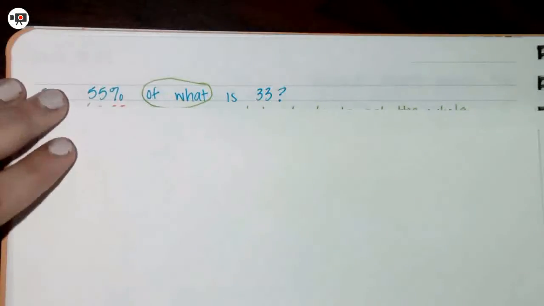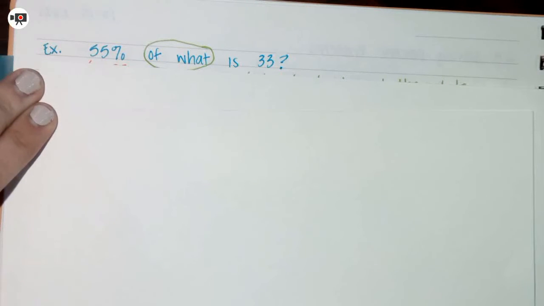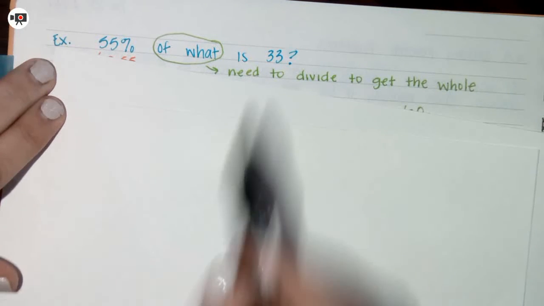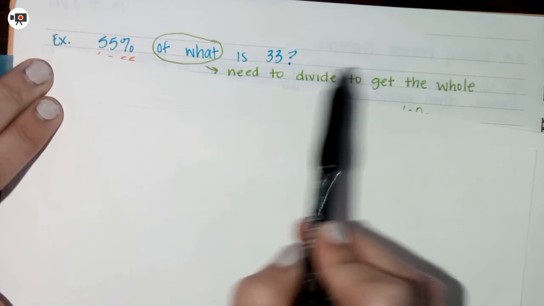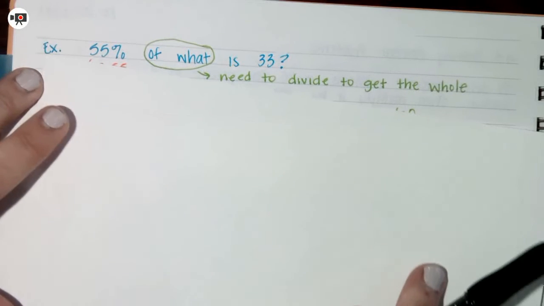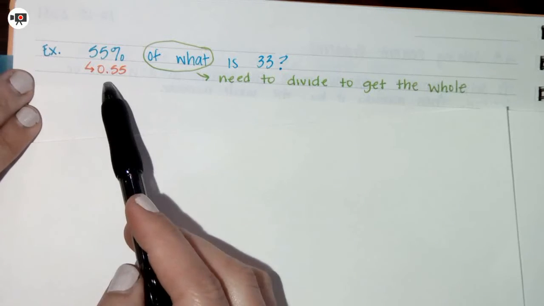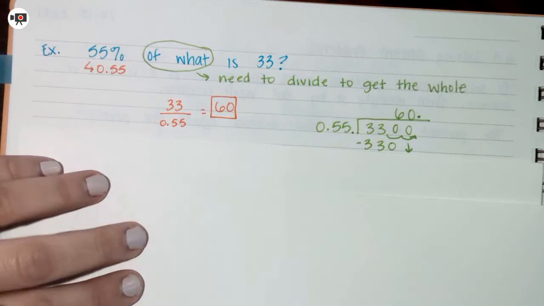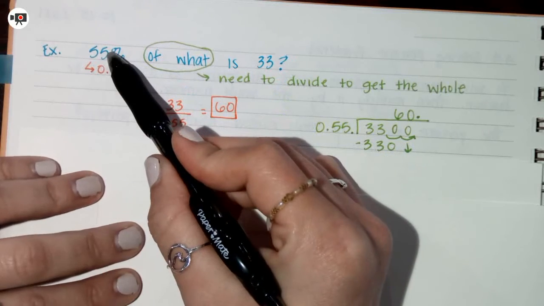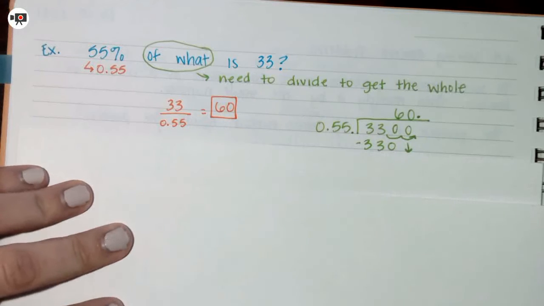Here's another example. If I have 55% of what is 33? So this of what means we need to divide to get that number. When you see this, you think divide. Now, 55% written as a decimal is 0.55. I'm going to divide 33 divided by 55% is 60.